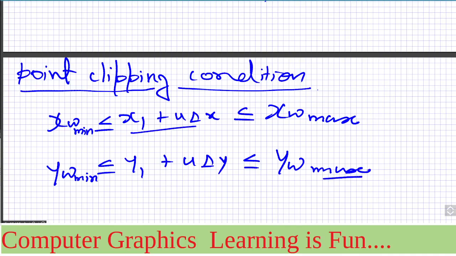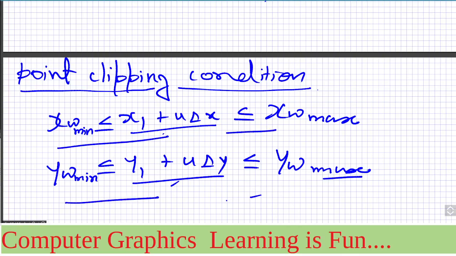These are the values of x and y of the line segment, and we are just saying that these x and y values should be within the boundary. No problem. Let me write it in a different way. We have these four conditions.